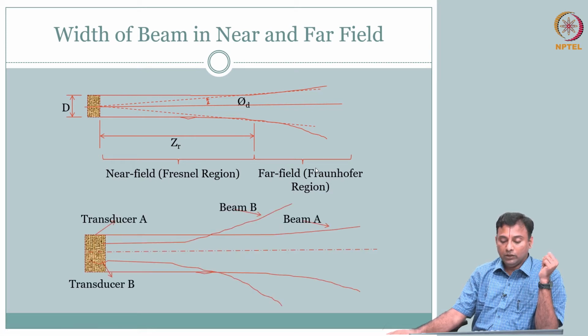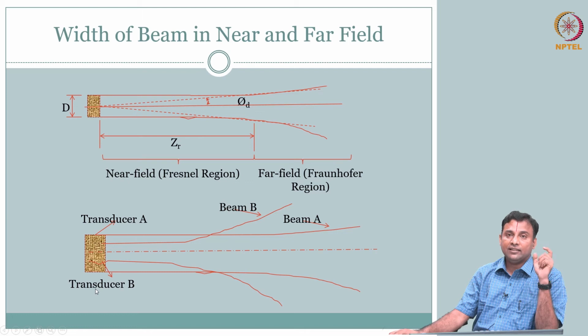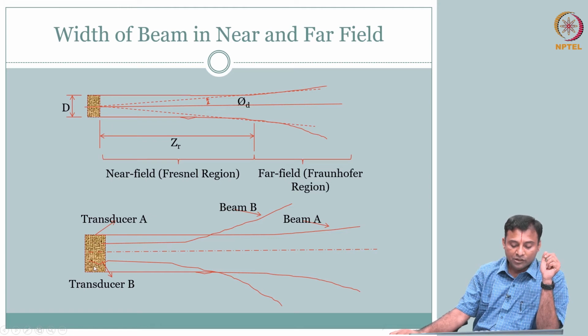Now if you have another transducer with a larger size, because that is what we covered, the inverse relation: if I have transducer A and transducer B, and transducer A is much larger, the divergence is less, right, that is what we saw so far. So with a smaller transducer diameter, it starts to diverge, so divergence is more.